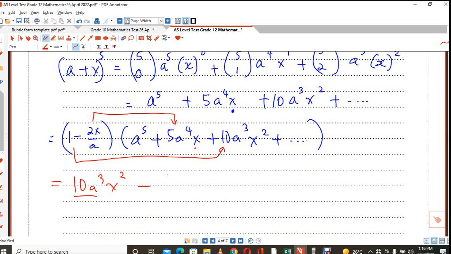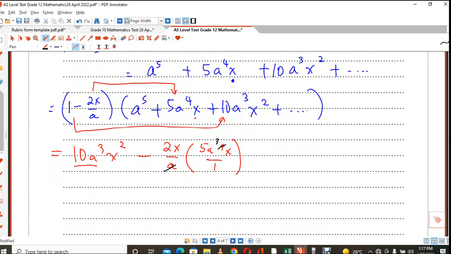Negative 2x over a multiplied by, I'm writing the wrong one, my goodness. It should multiply with 5a to the power 4 x. Here's the thing though. The a's disappear. A here goes into itself, and then that will be 5a cubed. At the end of the day, 2 times 5 gives you what?